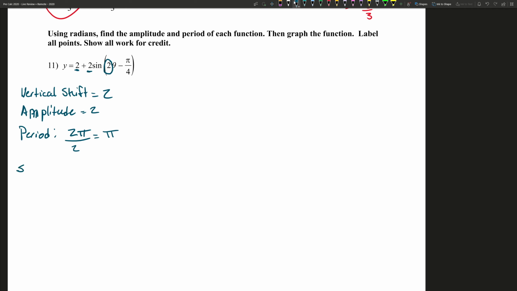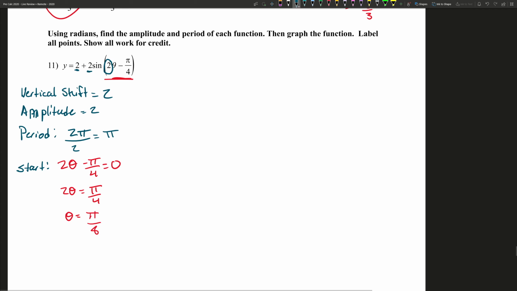We need a start point, which is going to be when everything inside parentheses is equal to 0. So 2 theta minus pi over 4 is equal to 0. Then we solve. 2 theta is equal to pi over 4, and theta is equal to pi over 8. Then we also need an endpoint.